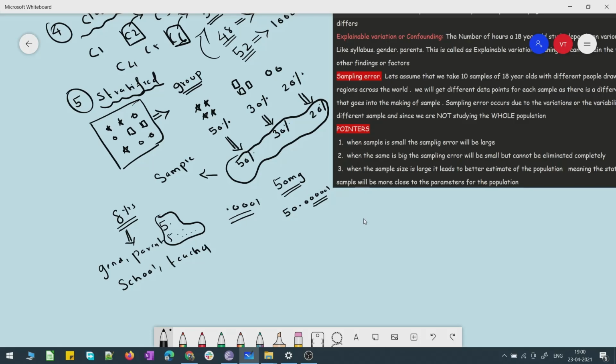There are a lot of factors which influence the study hours that an 8-year-old kid puts in. So the study hours could be explained with the help of these variables. This is what you call explainable variation, which means you can explain the variation which is happening with the help of some other factor.